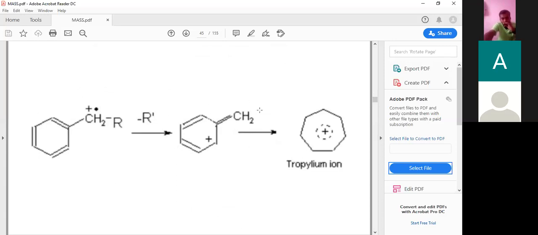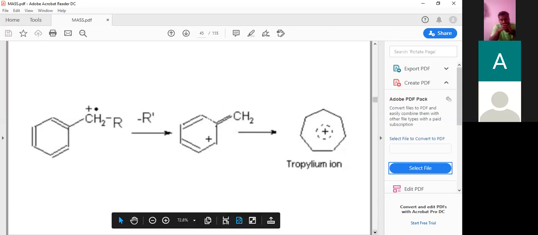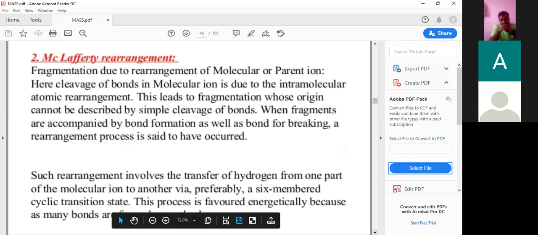What happens to this benzylic cation? Internal rearrangement takes place. The 6-membered one will be converted into a 7-membered cation. So this is internal rearrangement: 6-membered is converted into 7-membered. It is scrambling.